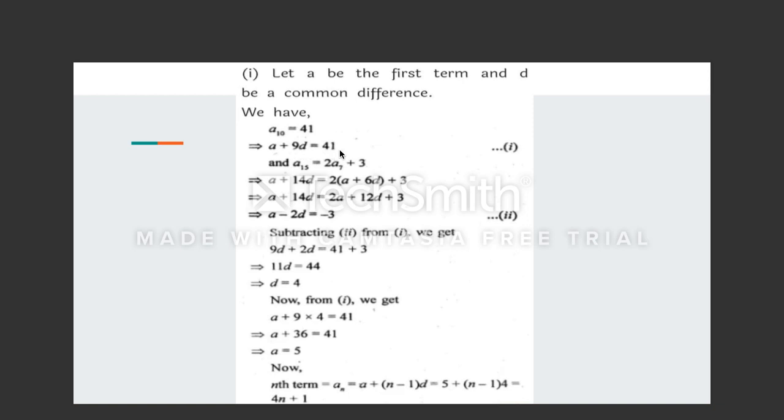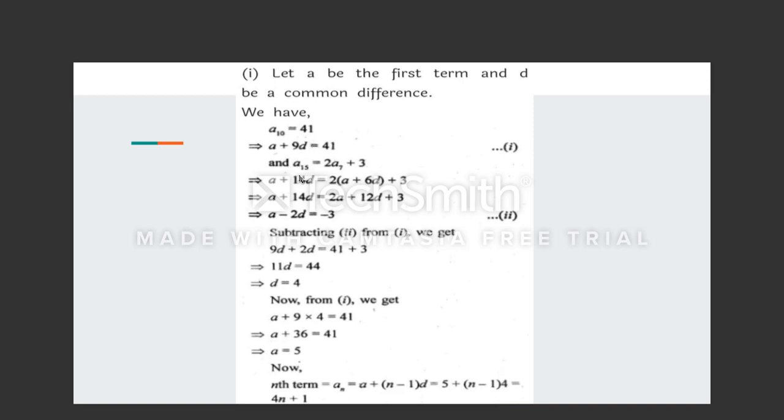Easy to understand, not many calculations here. Just reduce the value of n by 1 and multiply by D. So A10 is A plus 9D equals 41. Let this be equation number 1, because this is what was given in the question, that the 10th term is 41.